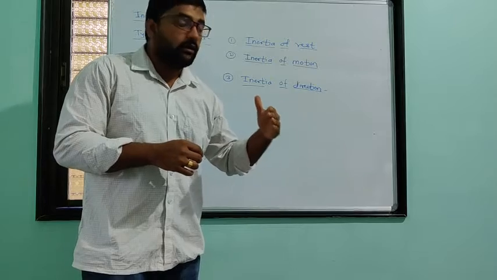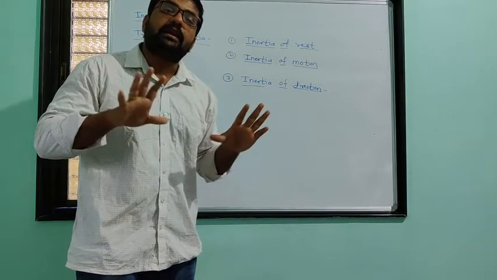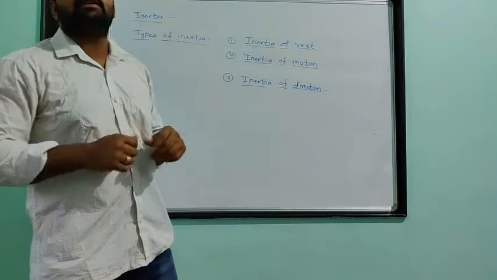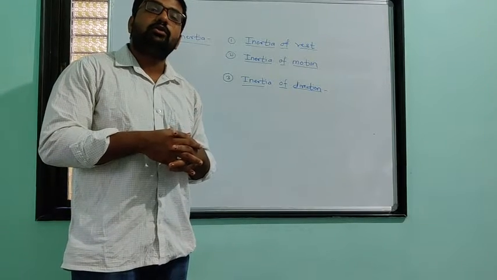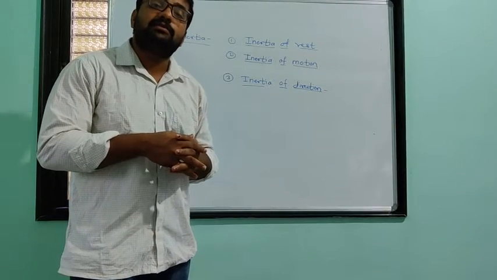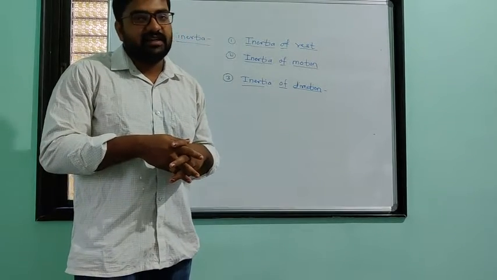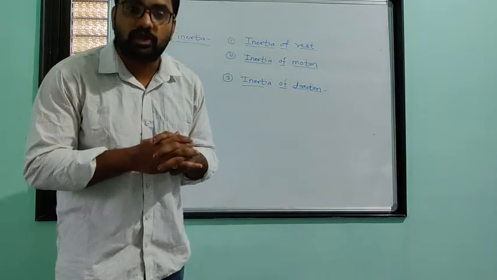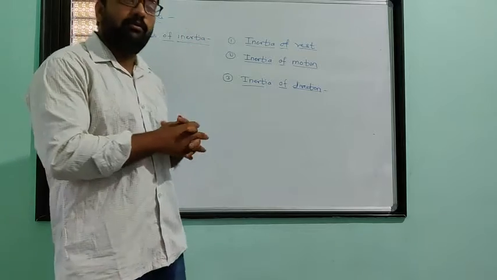That is why we have to run a further 20-30 meters, and then we can stop. So it is the very basic property of massive bodies, due to which they always try to resist change in their state, whether that state is a steady state or a state of motion. That is simply called the inertia of an object.